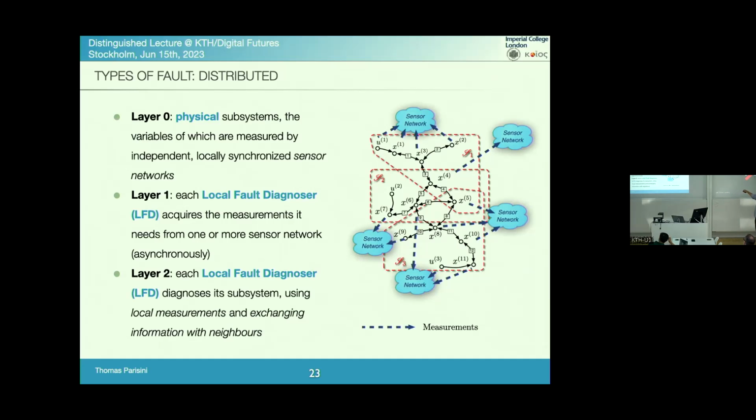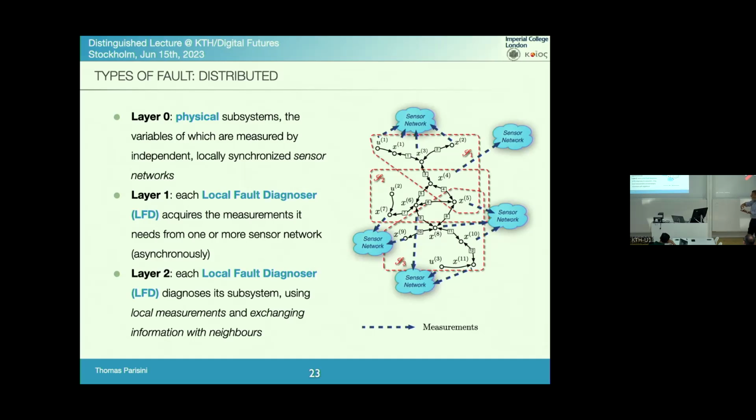Let me call layer 0 the physical layer, okay? Physical layer means that you have physical subsystems, okay? And the variables of these subsystems are measured by independent and local sensors, okay? You might even have a local sensor network. Local means that in this sensor network, everything is synchronized, okay?